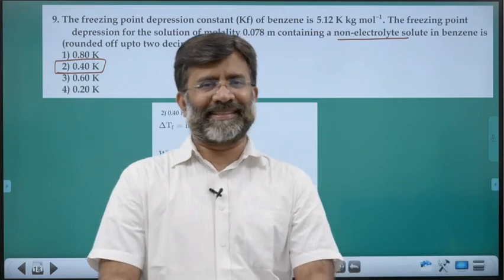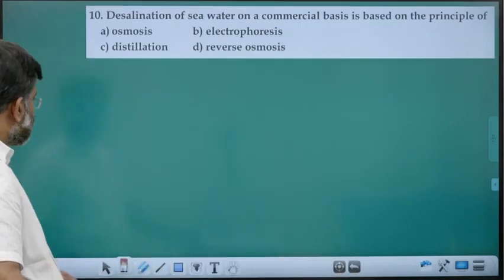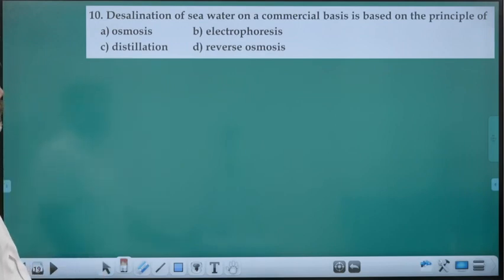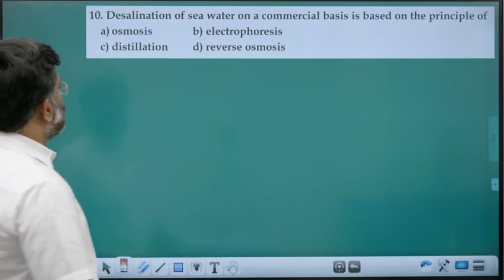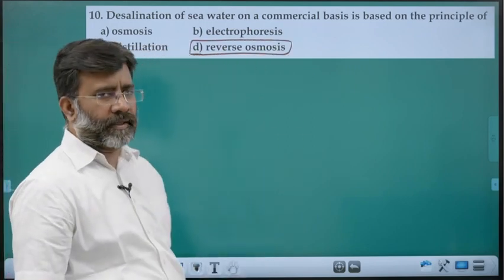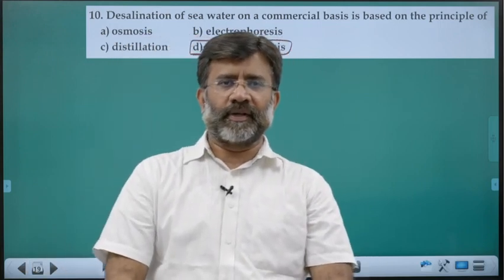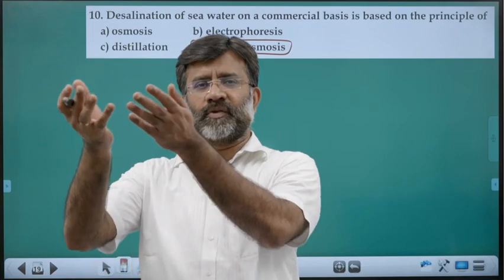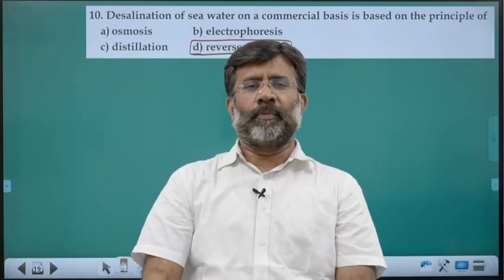Okay, next. Desalination of seawater on a commercial basis is based on reverse osmosis. You have learned that reverse osmosis. By reverse osmosis, you can see the pure solvent water molecules are migrating to the opposite side.